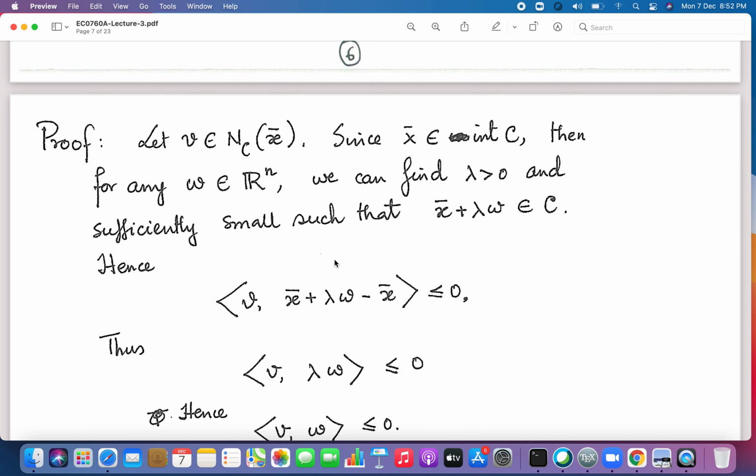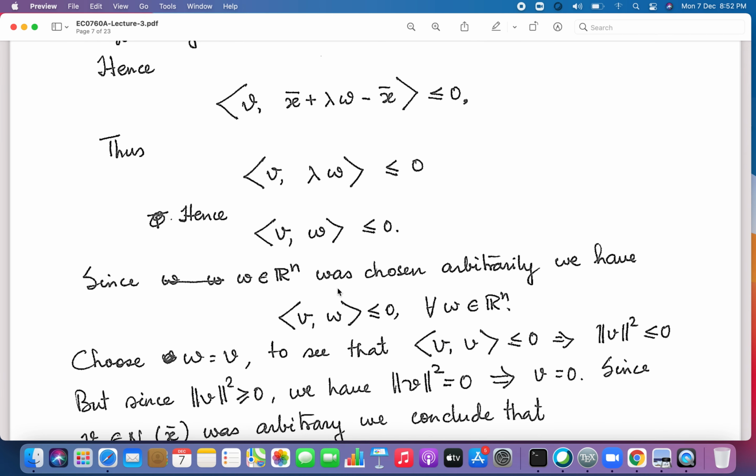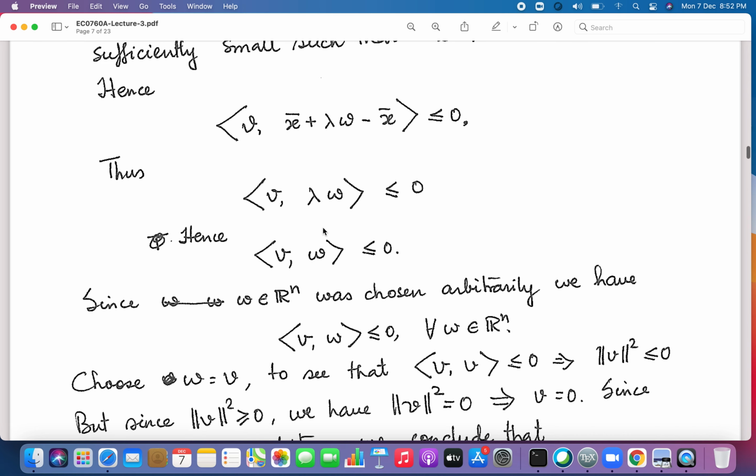And since v is in N_C(x bar), you choose this particular element in C, and you will get this inequality: v transpose w is less than or equal to 0. This is for any w that you choose in R^n.